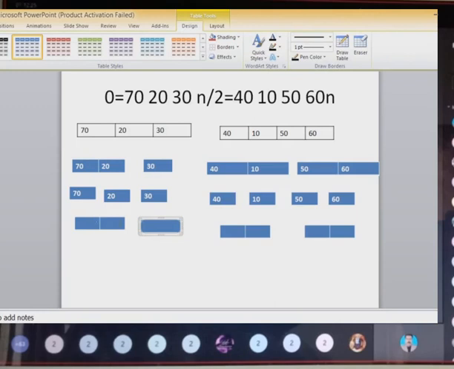Now we are going to sort 20 and 70. Next, this is 30. Here it is 20, 40. Here it is 50 and 60.